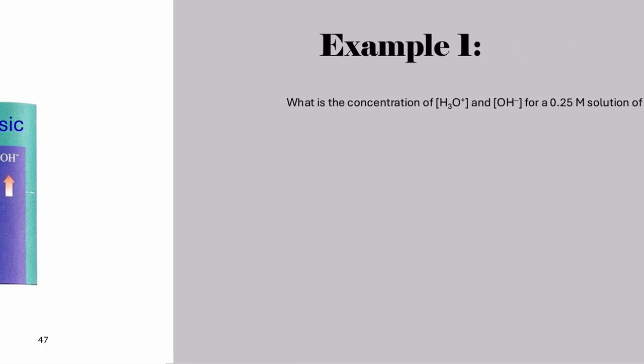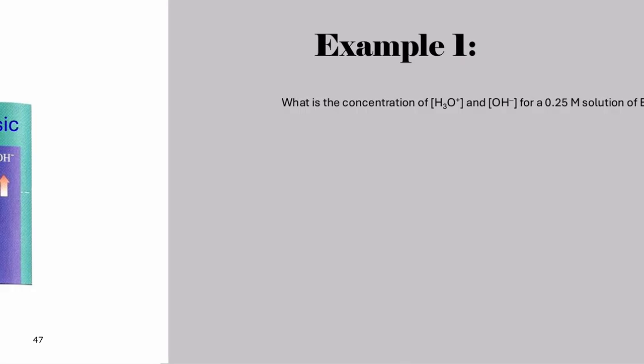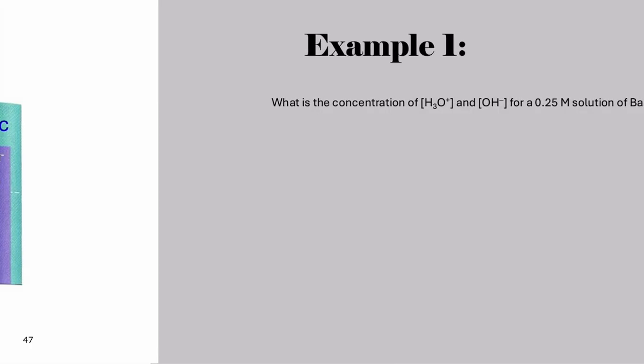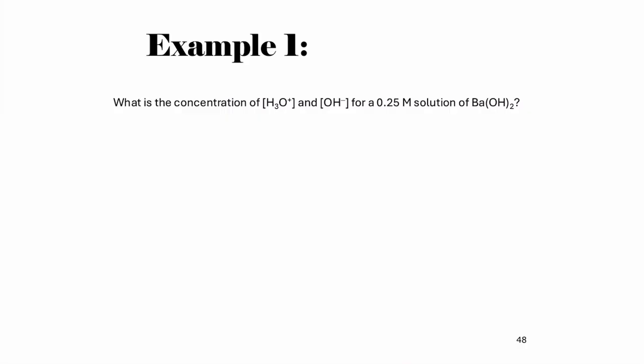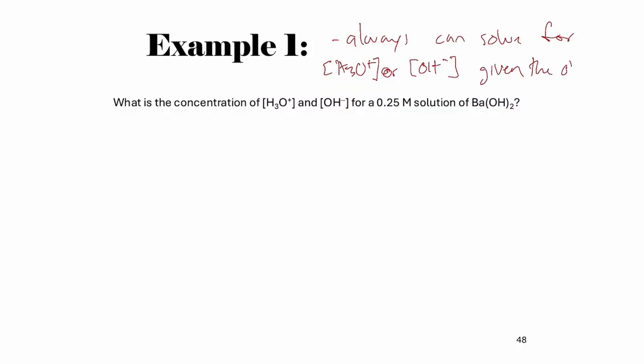And so then you can always, given the concentration of hydroxide or hydronium in solution, solve for what the other is going to be, right? So we can always solve for H3O plus or OH minus given the other using KW.